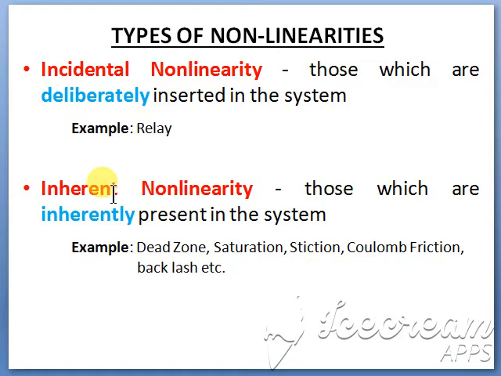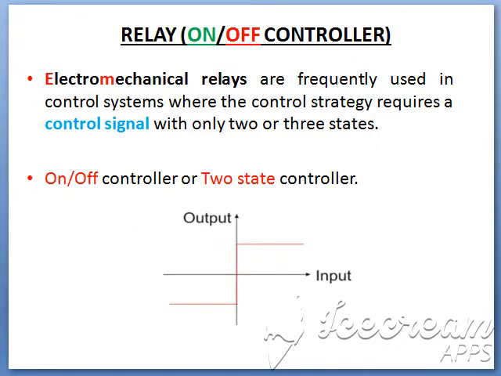Next we are going to deal with the types of nonlinearities with examples: relay, dead zone, saturation, stiction and Coulomb friction. The first one is relay.